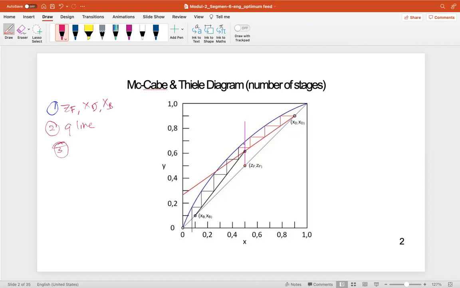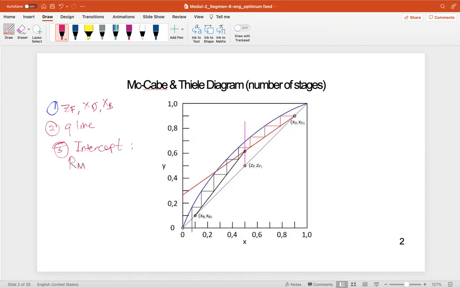Okay, now you have the Q line. Now, the next step, you want to find the intersect, the interception. What can you do? You want to find the intercept by checking the RM.